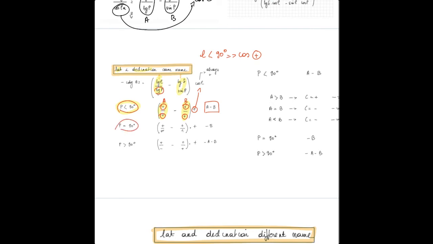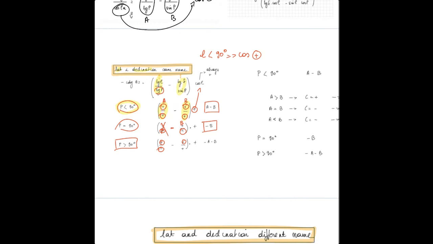for example, when the polar angle is 90 degrees, we know that the tangent of 90 degrees is an infinite number, and that the sine of 90 degrees is 1. So this we don't have to care about, and then we have minus B as a positive value, but we have to subtract it, so we end up with minus B. Okay, if the polar angle is bigger than 90 degrees, these two remain positive, but the tangent will be a negative value.